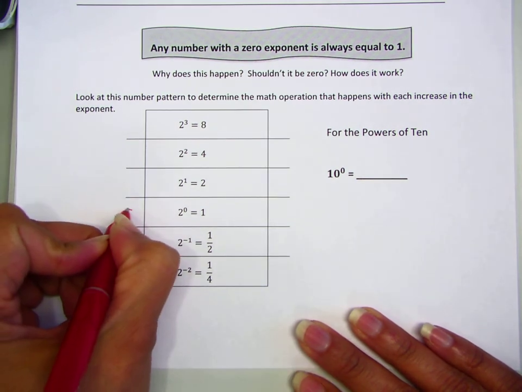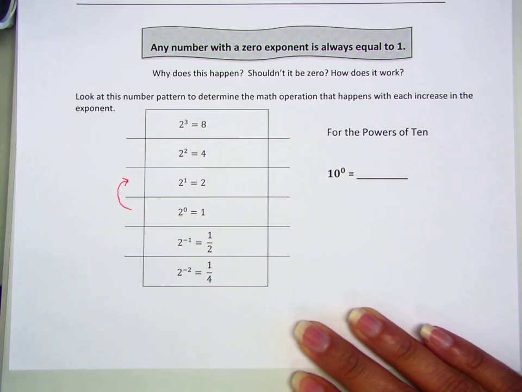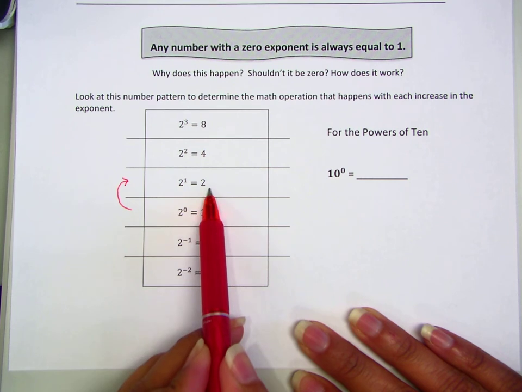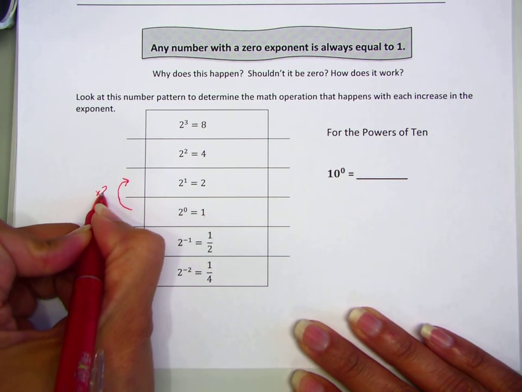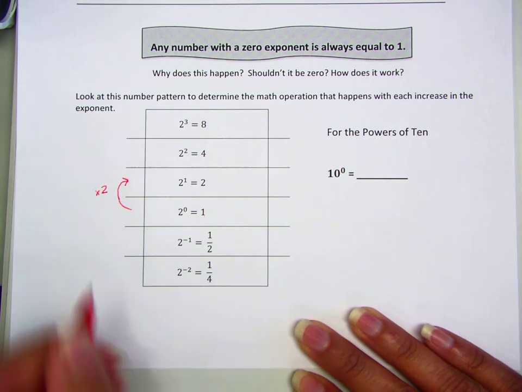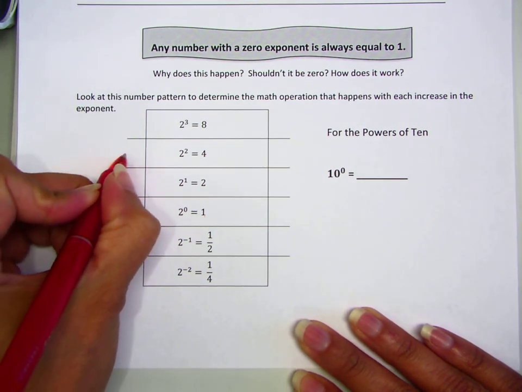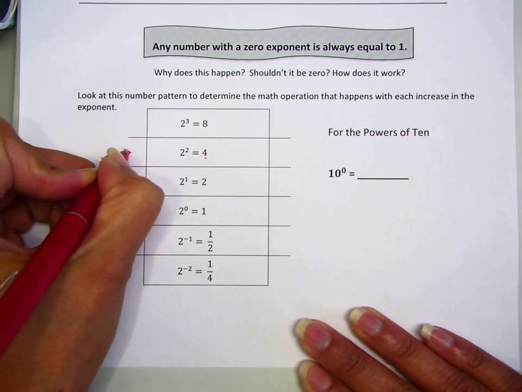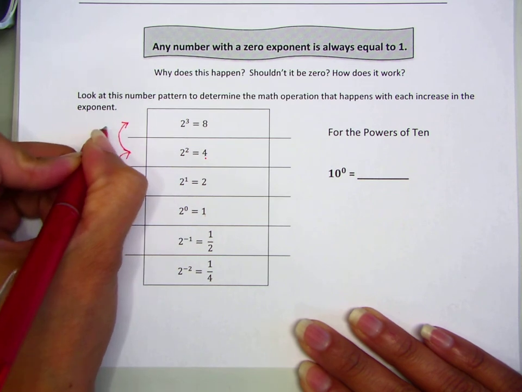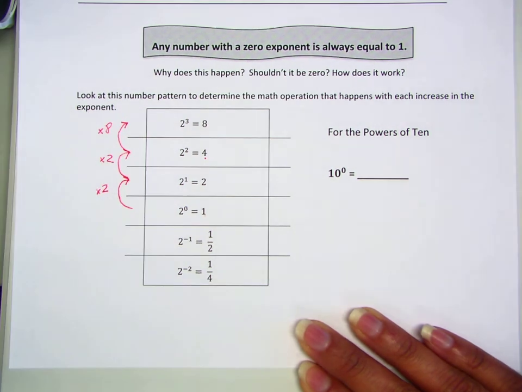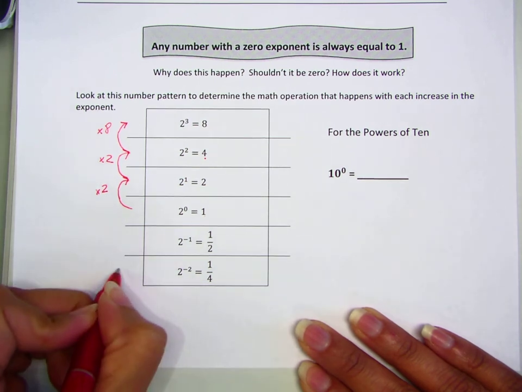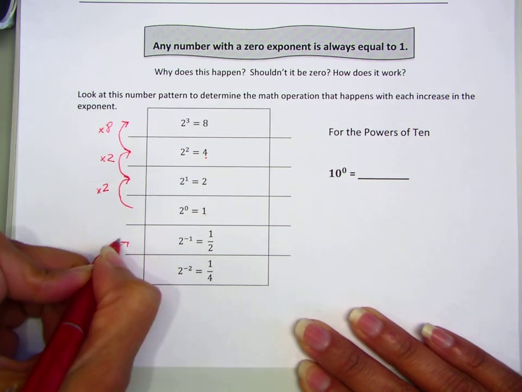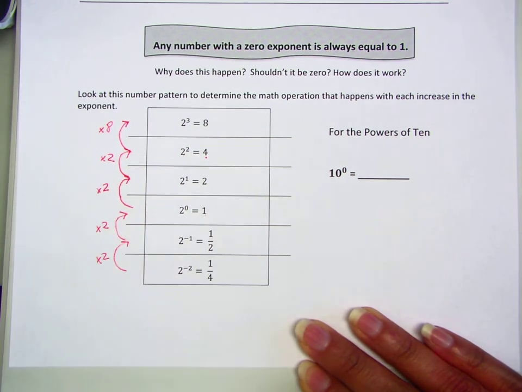Well, what math operation did I perform to get to 2 to the first power? 1 times 2 is going to give me 2. 2 times 2 will give me 4. 4 times 2 will give me 8. 1/4 times 2 is 1/2. 1/2 times 2 is 1.